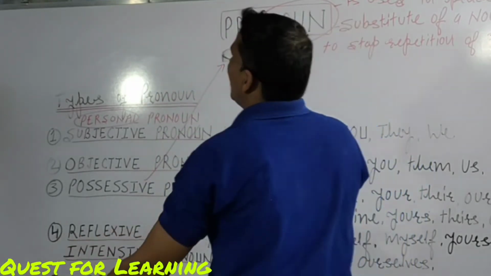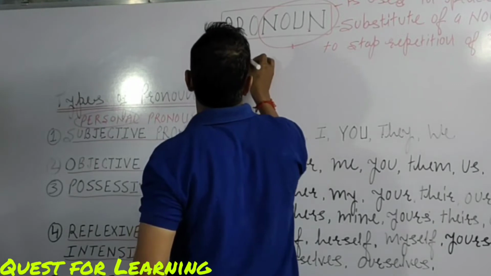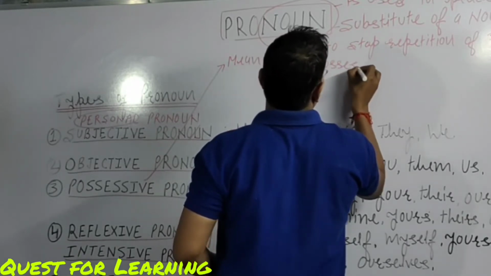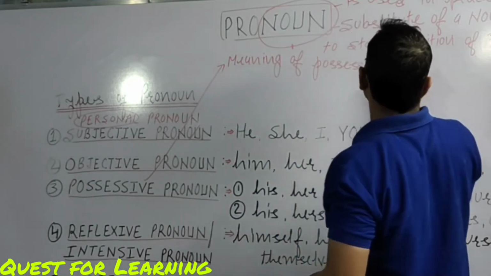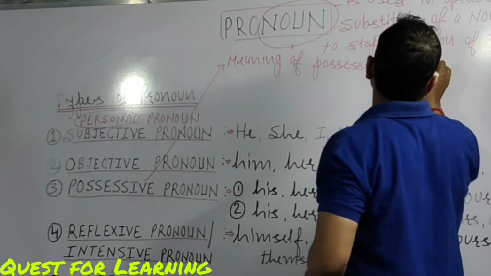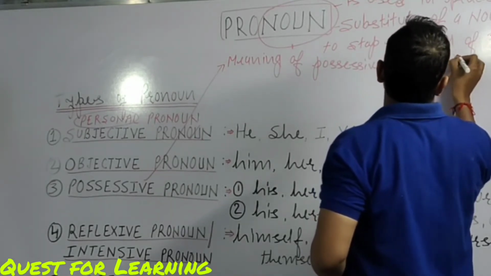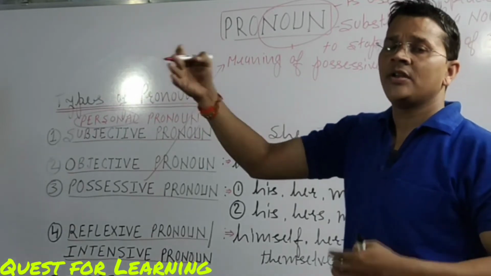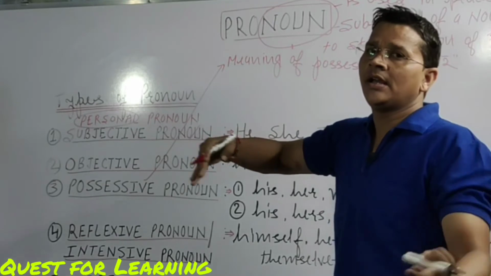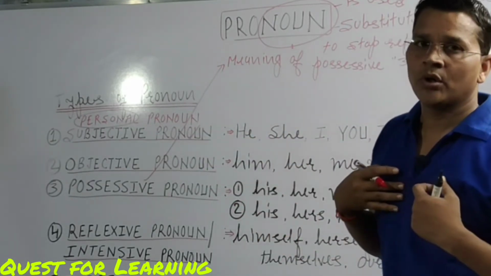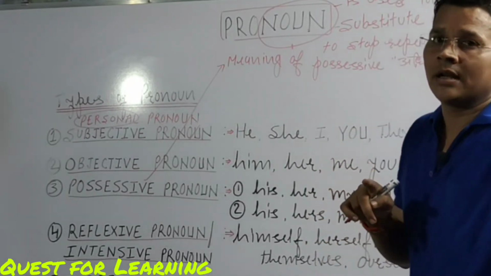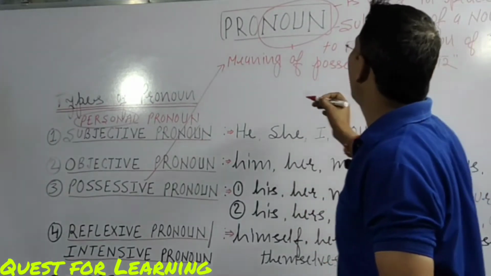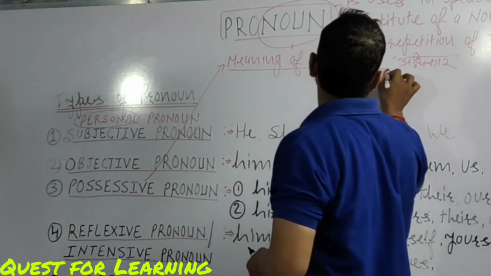Possessive means, you can say in Hindi, अधिकार. जहां हम बात करते हैं ये चीज उसकी है, ये चीज उनकी है, ये मेरी है, ये उनकी है, उसकी, उसका, उसके, जहां हम इस तरह से बात करते हैं, है ना, this is my book, है ना, this is his uncle's car, ओके, जहां हम इस तरह से बात करते हैं वहां पोजीशन की बात करते हैं, अधिकार की बात करते हैं, तो वहां हम possessive pronouns को यूज करते हैं.